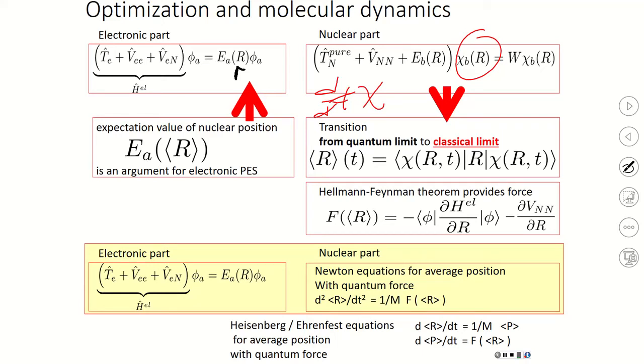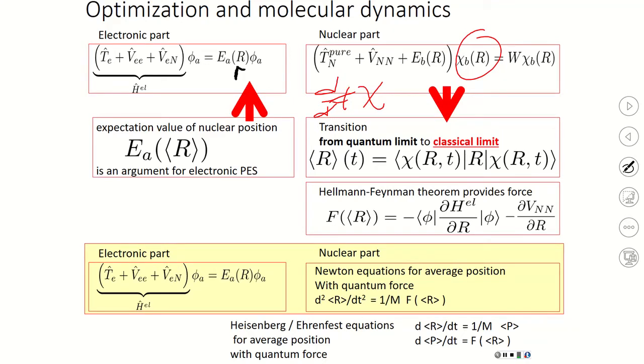It will include the gradient of the electronic energy and the gradient of nuclear repulsion. Then this force enters the Newton equation of motion, which you recognize now: second derivative of position equals force over mass. Acceleration times mass equals force, right?